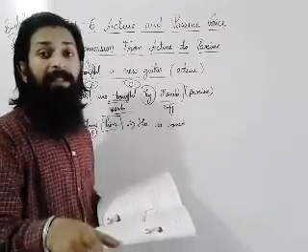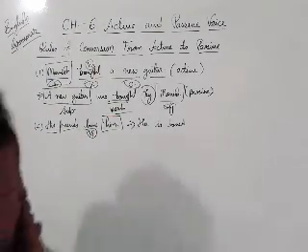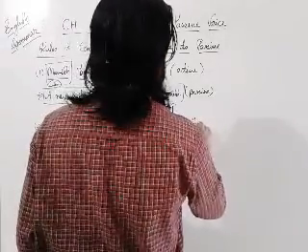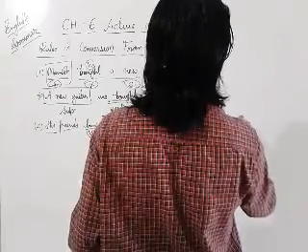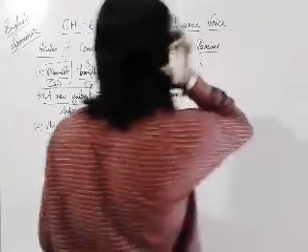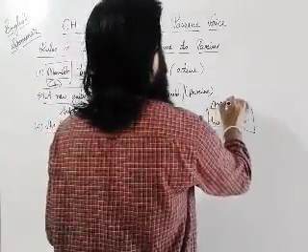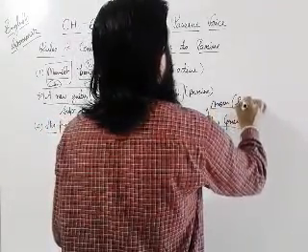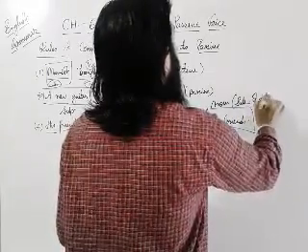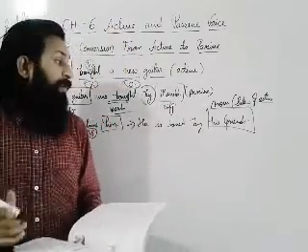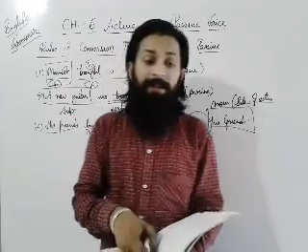As I already mentioned, according to that you have to write "by" here, and after that write "his friends". This means "by" will always come before the noun or subject of the active voice. Whatever the active voice subject is, before that you have to write "by". That's your rule number two.